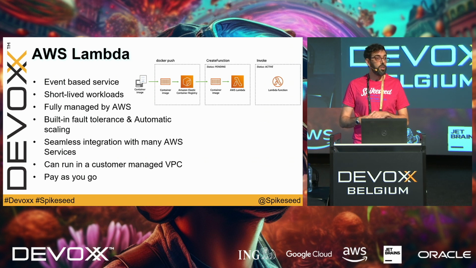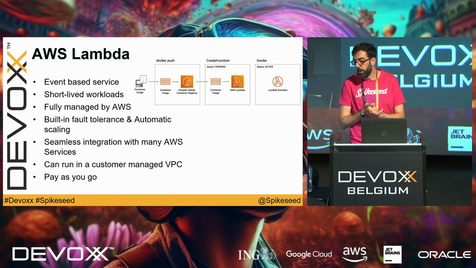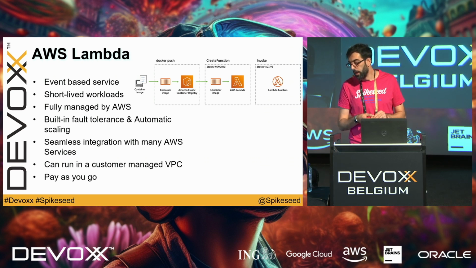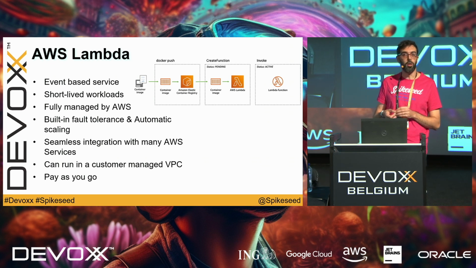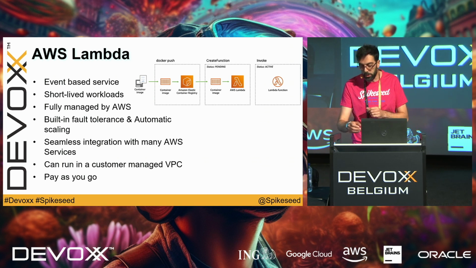It can also run in a VPC, so in your own portion of network within AWS, if you so wish, and it has a pay-as-you-go model. So as you can see in the picture, very simple. You produce a container image, you upload it into ECR, for example, which is the Amazon Container Registry, and from there you instantiate your Lambda function. So like I said before, it's as simple as deploying any other Lambda packages on the cloud.